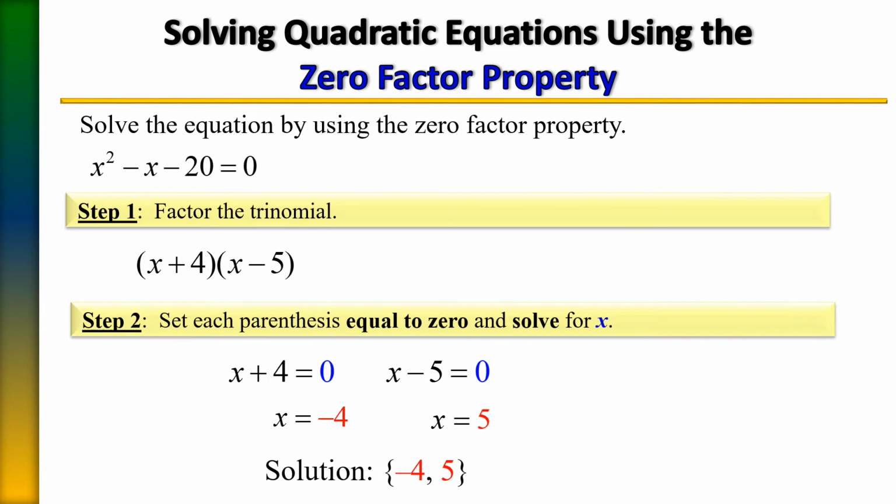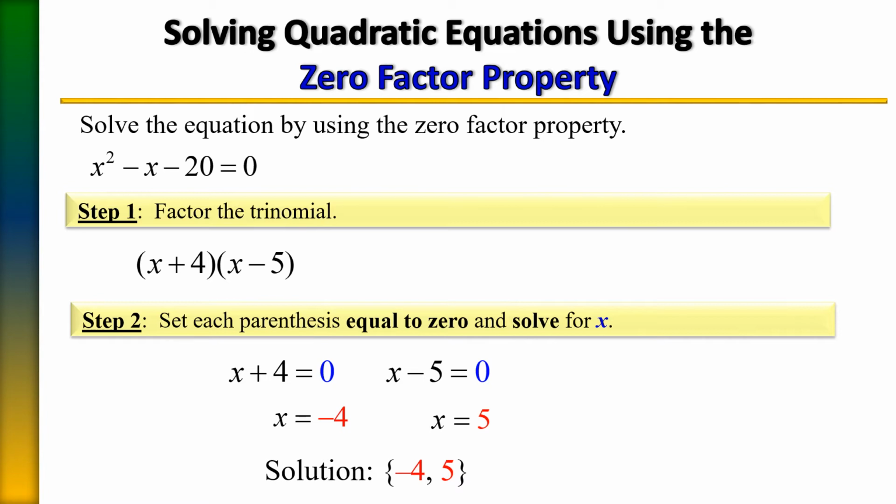You say, what are these solutions about? Well, when they ask you to solve an equation using the zero factor property, what they're really asking you is to identify the number or numbers that would make that equation zero out.